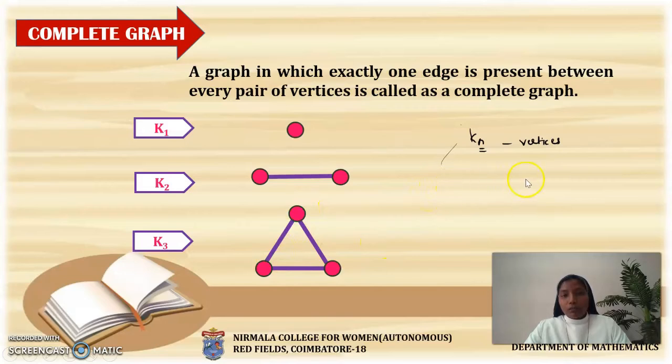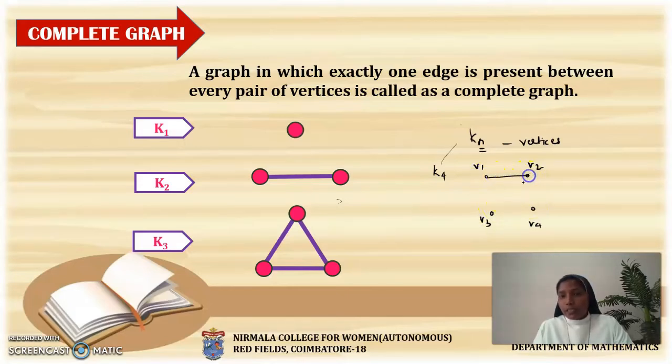So, we can also define K4. For K4, we need 4 vertices V1, V2, V3 and V4, and to be a complete graph, every vertex must be connected with the other vertices.